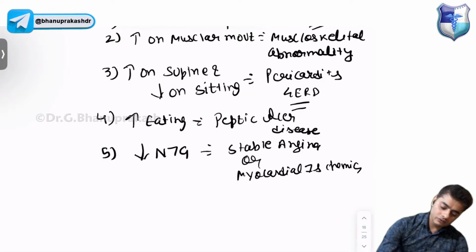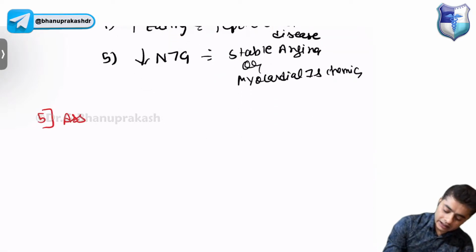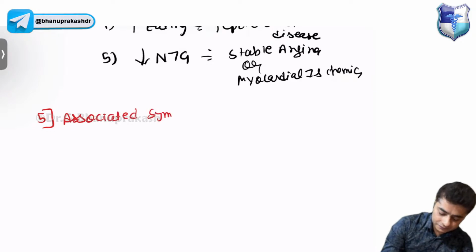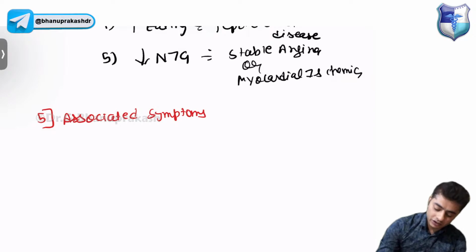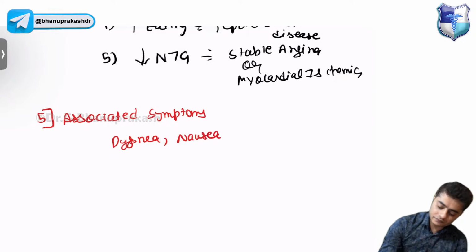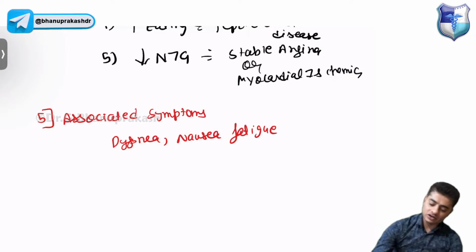After this, we will come to the next heading, that is your associated symptoms. Now, what is in associated symptoms? Like we have said, there is something known as angina equivalents. What are these? These are your dyspnea, nausea, and fatigue.